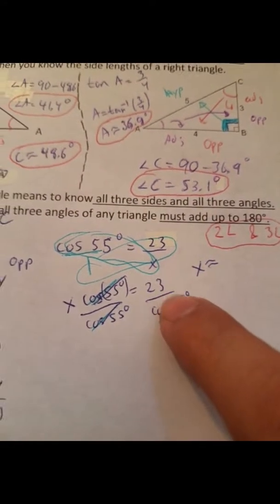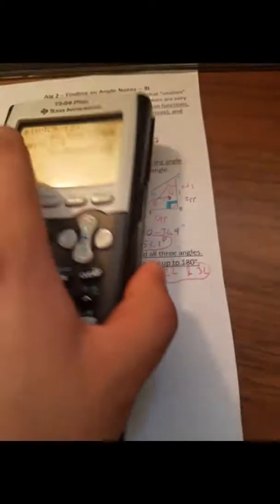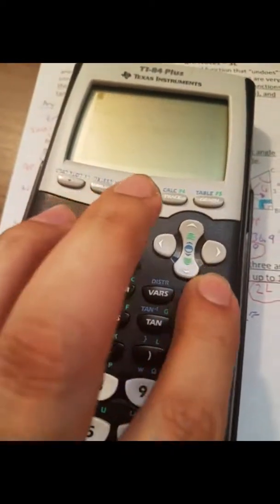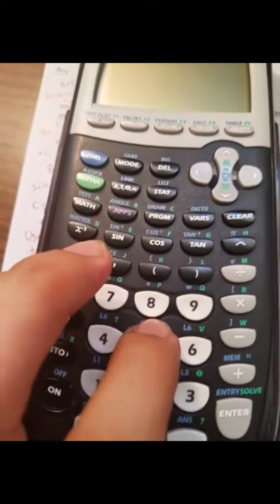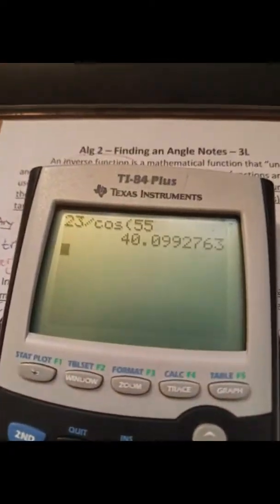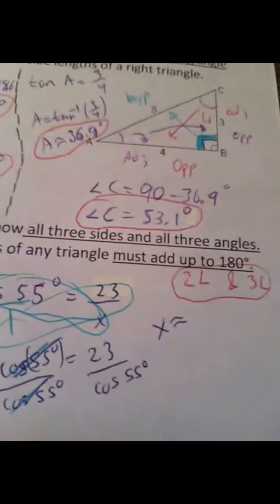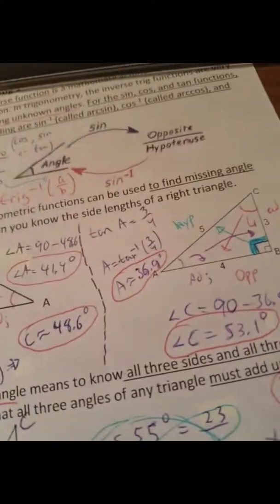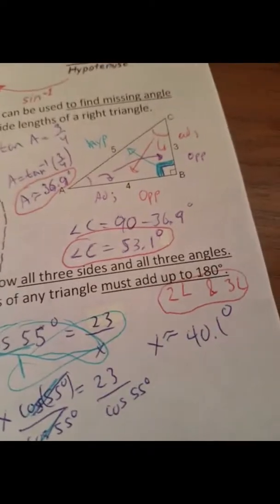In the calculator, to the nearest tenth, 23 divided by the cosine of 55 gives 40.1.